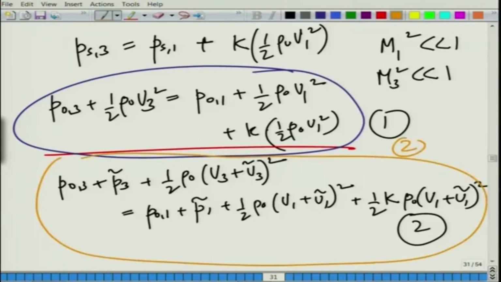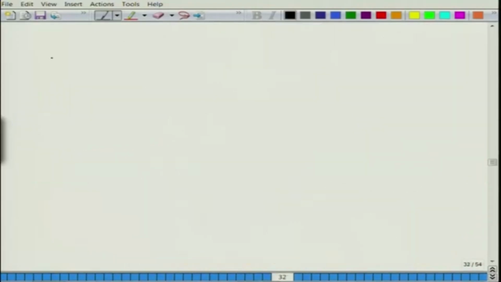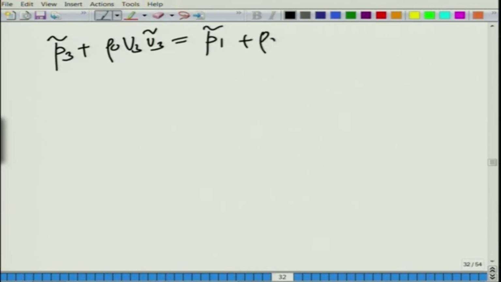So, 2 minus 1, and when you do the algebra, what you will get is P 3 tilde plus rho naught u 3 and u 3 tilde is equal to P 1 plus rho naught u 1 and u 1 tilde plus K times rho naught u 1 and u 1 tilde.